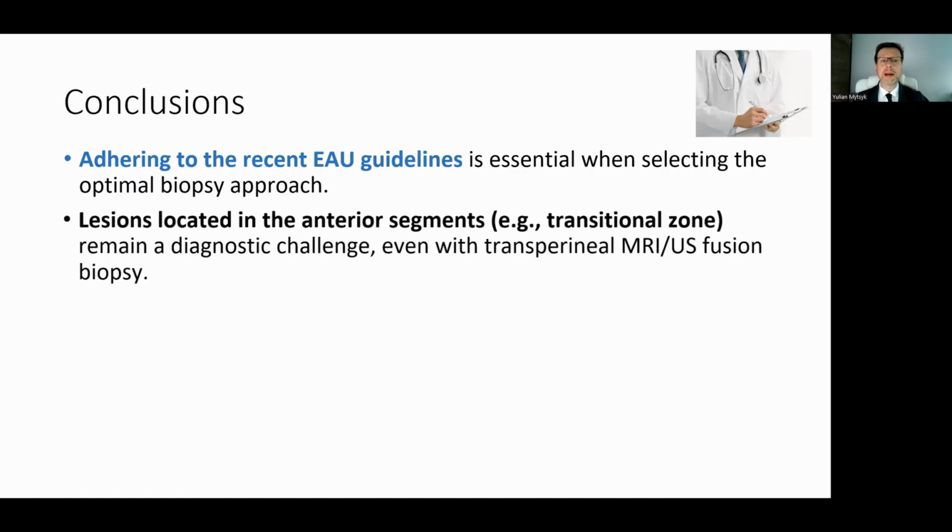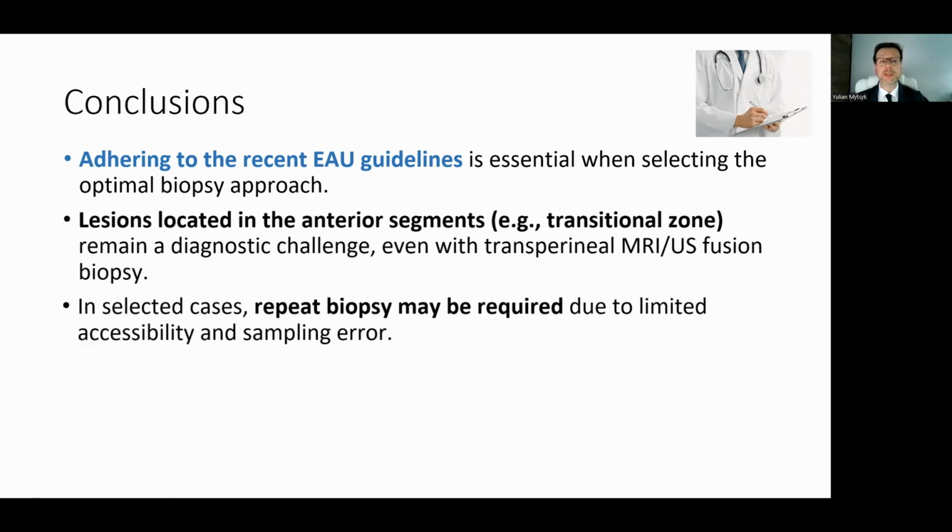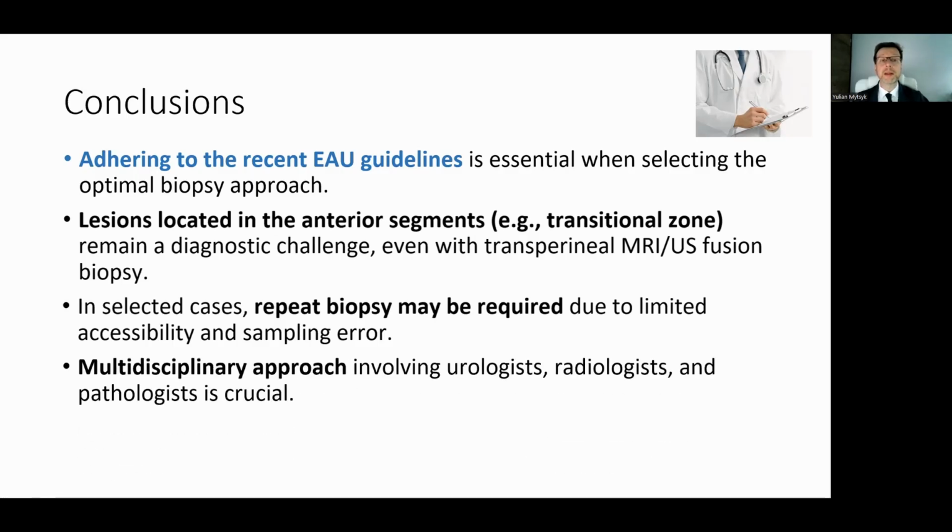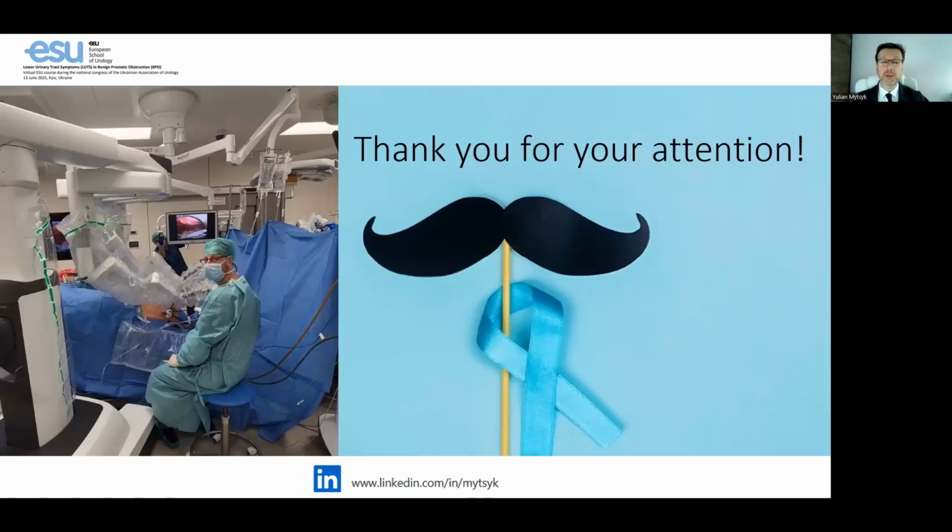Lesions located in the anterior segments, for example the anterior transition zone or anterior fibromuscular stroma, remain a diagnostic challenge even with transperineal MRI-ultrasound fusion biopsy. In selected cases, repeat biopsy may be required due to limited accessibility and sampling error. And finally, a multidisciplinary approach involving urologist, radiologist, and pathologist is crucial. Thank you very much for the attention.